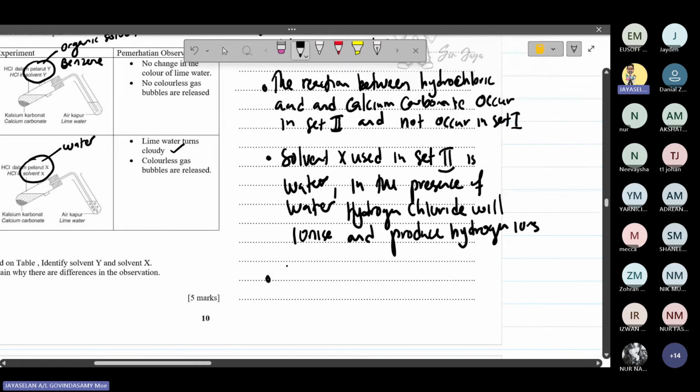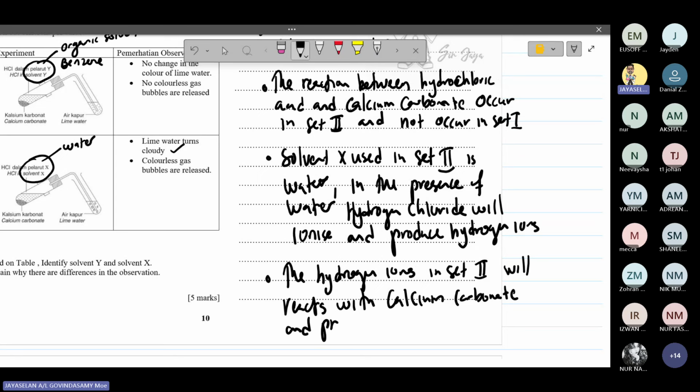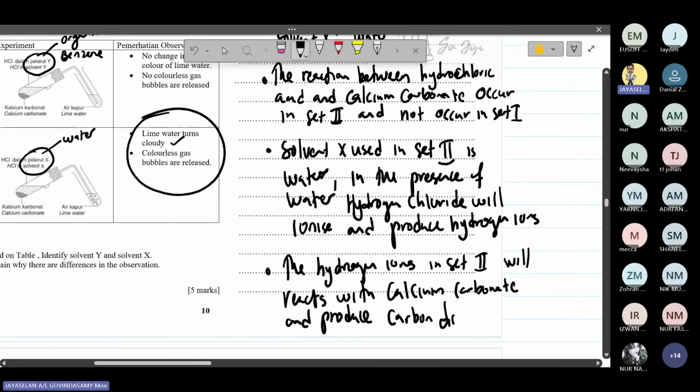So you tell them like this. The presence of water. So the hydrogen ions in set 2 will do what? Will react with calcium carbonate and produce what gas? What gas is all this testing for? And produce carbon dioxide.